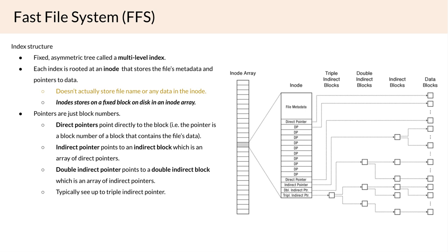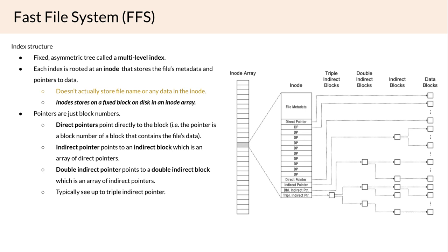So a direct pointer corresponds to a block number that maps to a block containing data of the file itself. Each inode is a fixed size, so we have a limit of how many pointers we can store in the inode itself. That leads us to the concept of an indirect pointer, which points to a block that is entirely filled of direct pointers, instead of pointing to a block of pure data for the file.